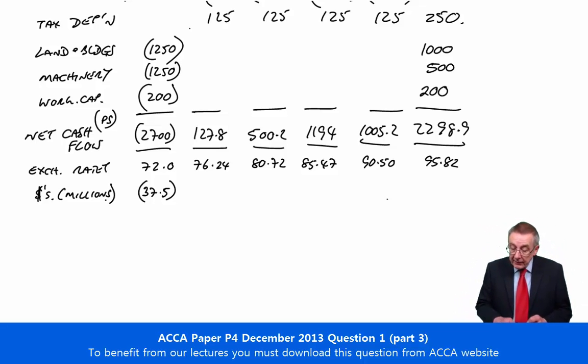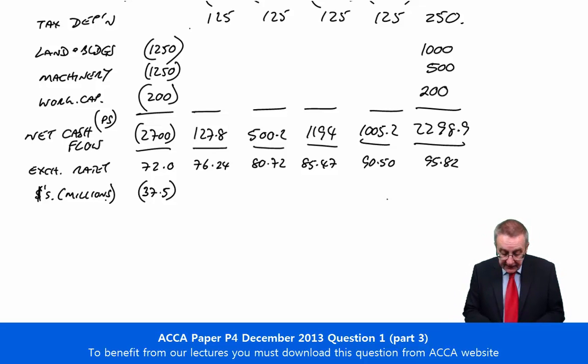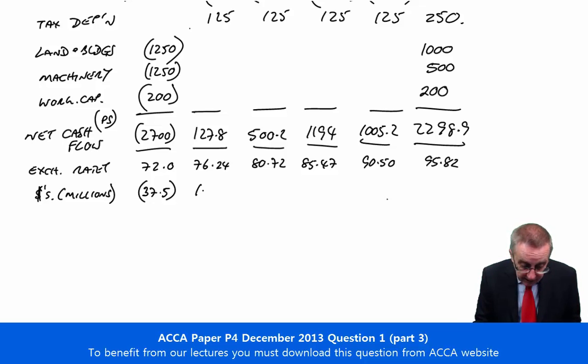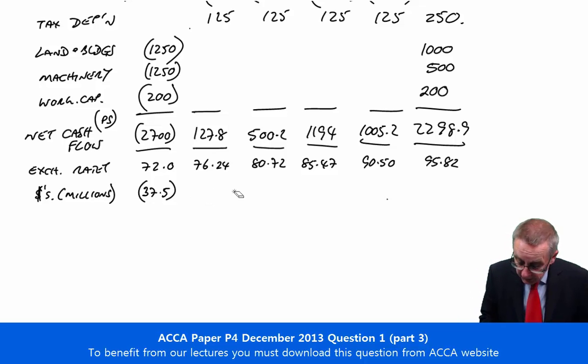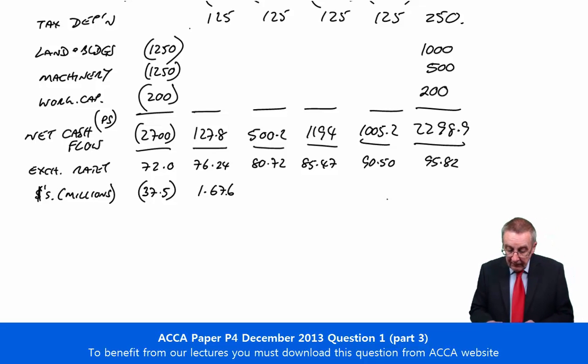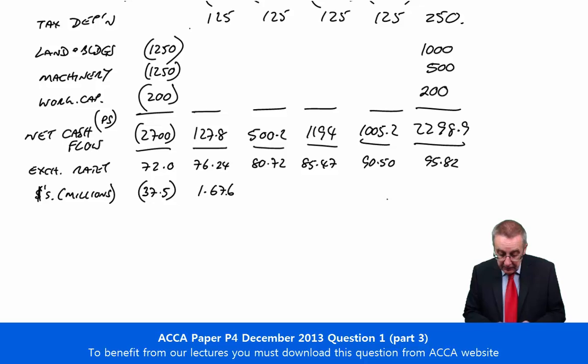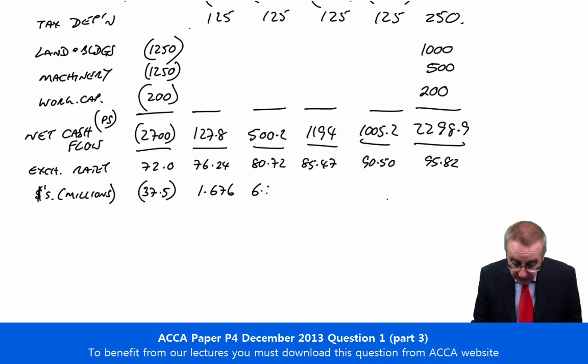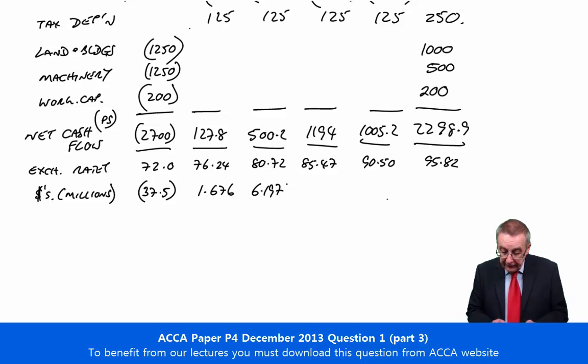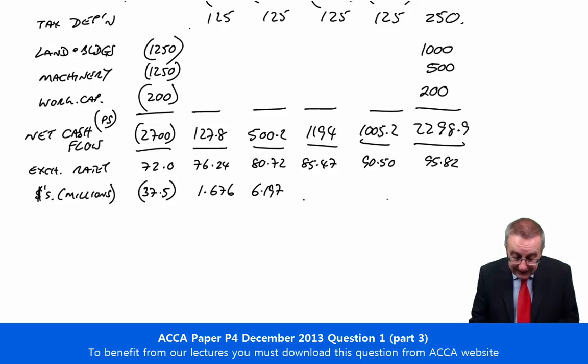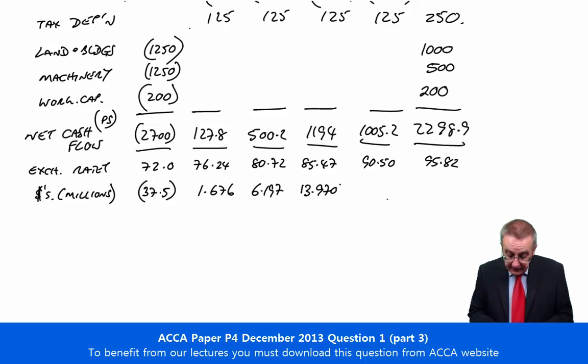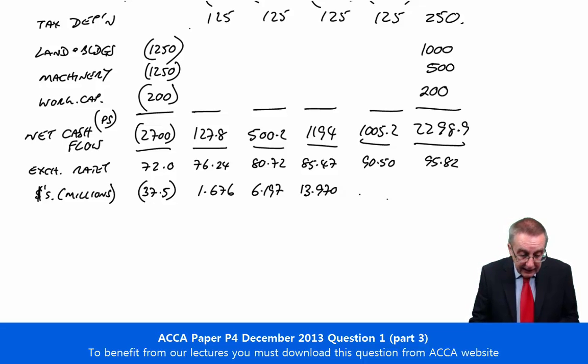And so, continuing for the other 5: 127.8 divided by 76.24 is 1.676 inflow. 500.2 divided by 80.72 is 6.197. 1194 divided by 85.47 is 13.970. 1005.2 divided by 90.5 is 11.107.